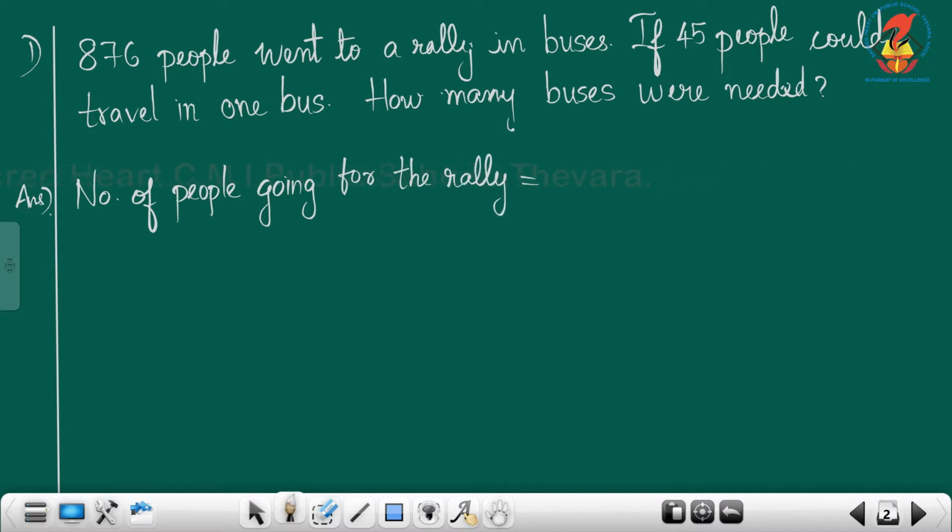How many people are there? 876. If 45 people could travel in one bus, so number of people who can travel in one bus.